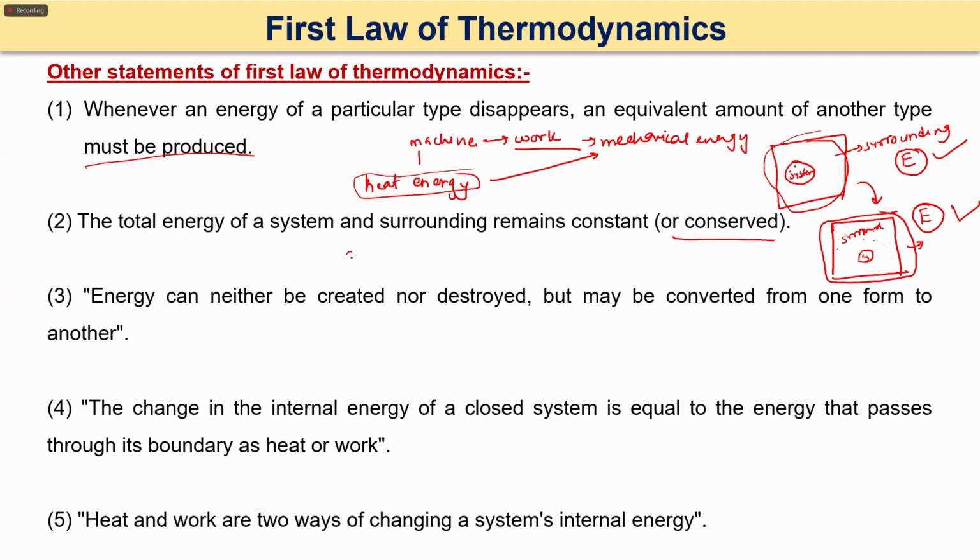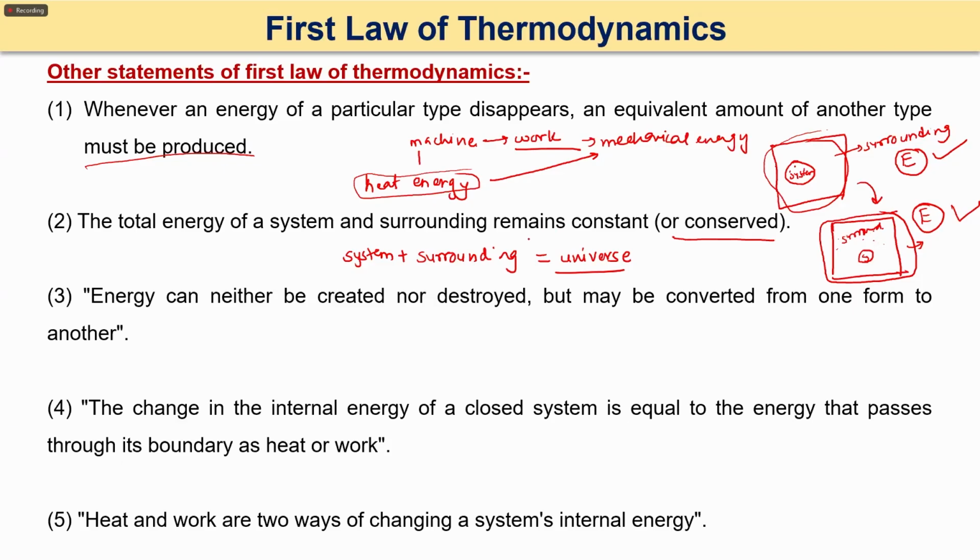So what is system and surrounding called? If we add the whole system and surrounding, what do we call it? Universe. So another statement of the first law of thermodynamics is that the energy of the universe is constant.